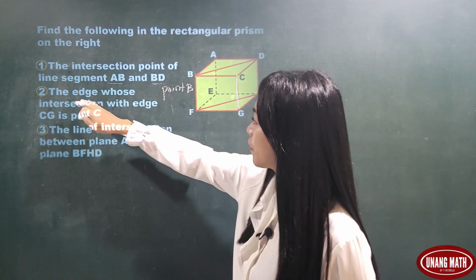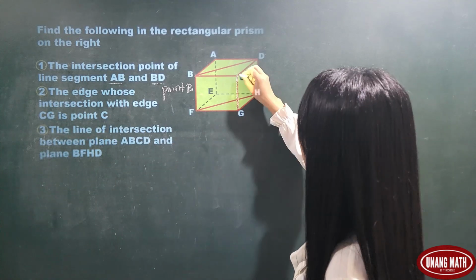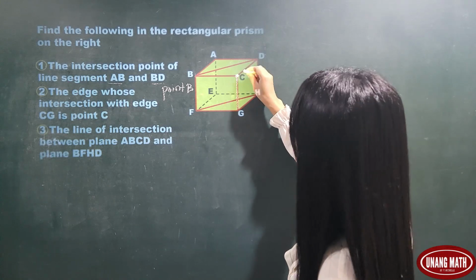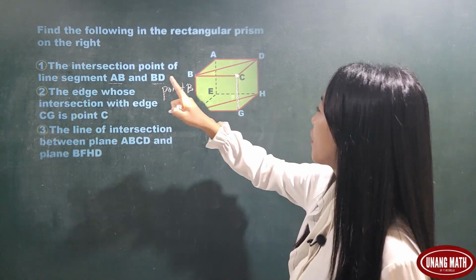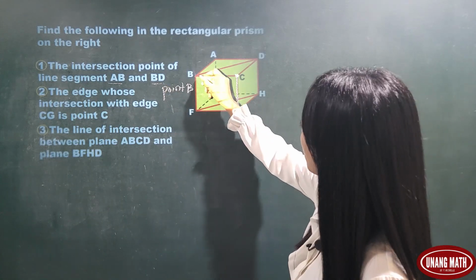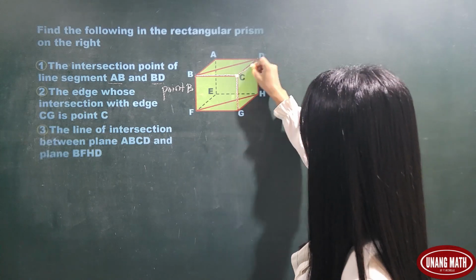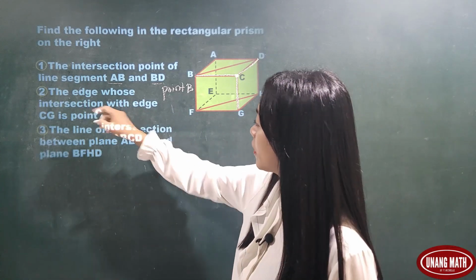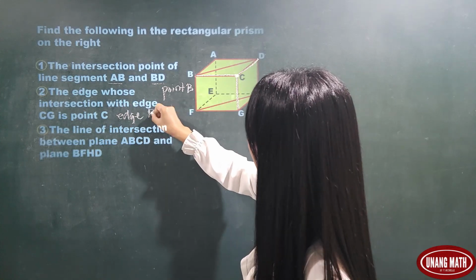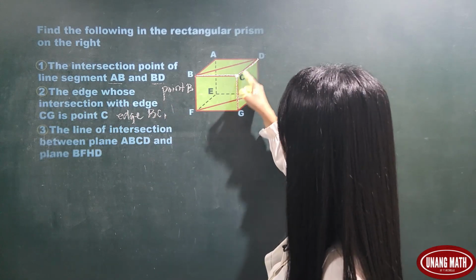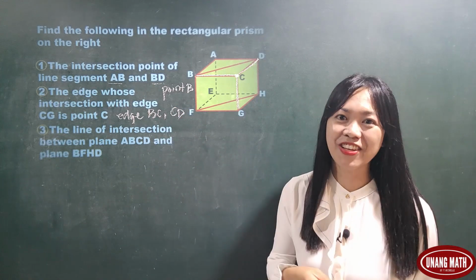It's asking for the edge whose intersection with edge CG is point C. So this is the intersection of these lines. What are those edges? We have this edge BC and CD. So the answer in number 2 is edge BC and edge CD. These are the two edges.